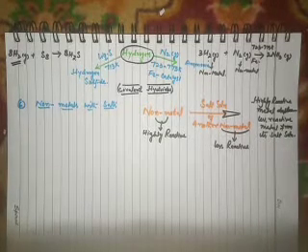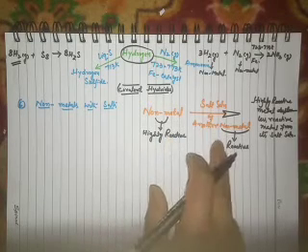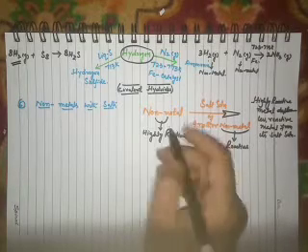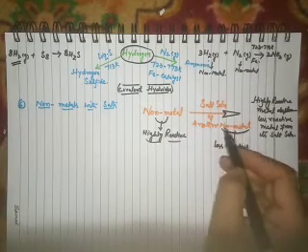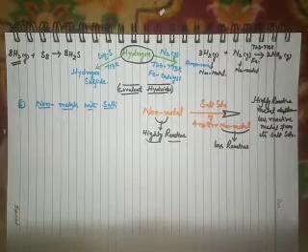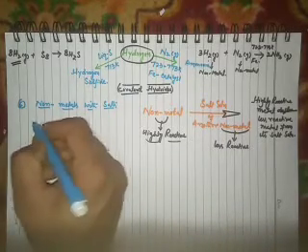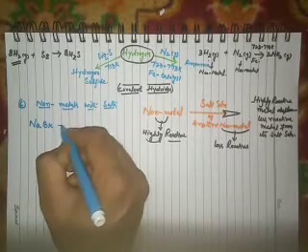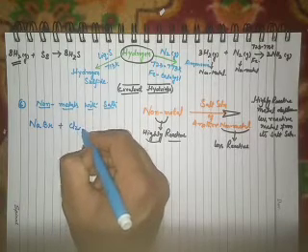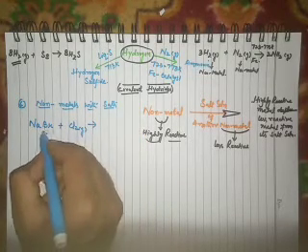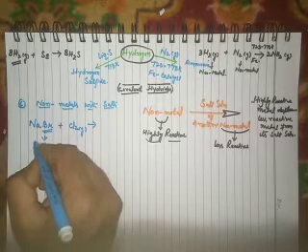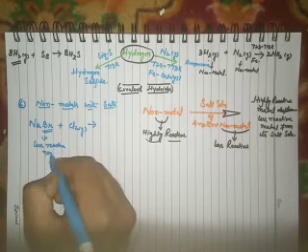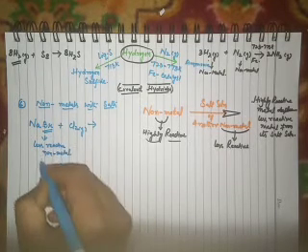हम एक हाईली रिएक्टिव मेटल को एक लेस रिएक्टिव मेटल के सॉल्ट सॉल्यूशन में ऐड कर रहे हैं, तो यहाँ पे क्या हो रहा है, जो हाईली रिएक्टिव मेटल है इट डिस्प्लेसेस द लेस रिएक्टिव मेटल फ्रॉम इट्स सॉल्ट सॉल्यूशन. For example, we are taking sodium bromide and we add chlorine gas to it. What happens, this is the less reactive non-metal, that is bromine.